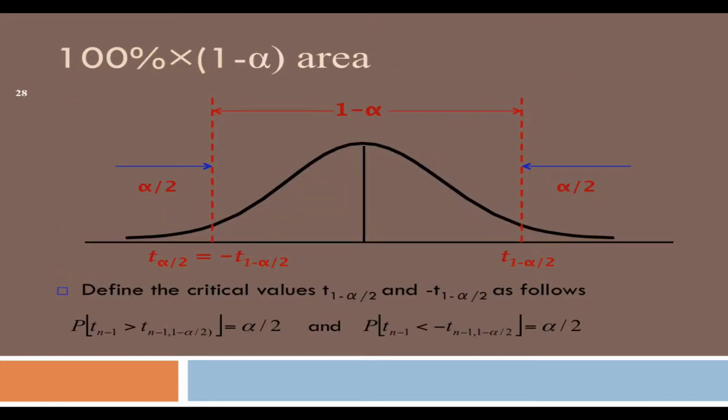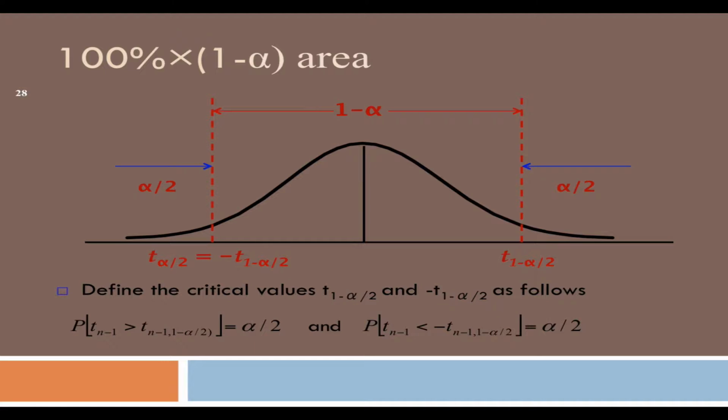Okay. So this curve is from a t-distribution, which is very similar to a standard normal distribution. If you have these 2 quantiles, alpha over 2 and 1 minus alpha over 2, this area is alpha over 2 and this area is alpha over 2, so the middle area is 1 minus alpha, right?